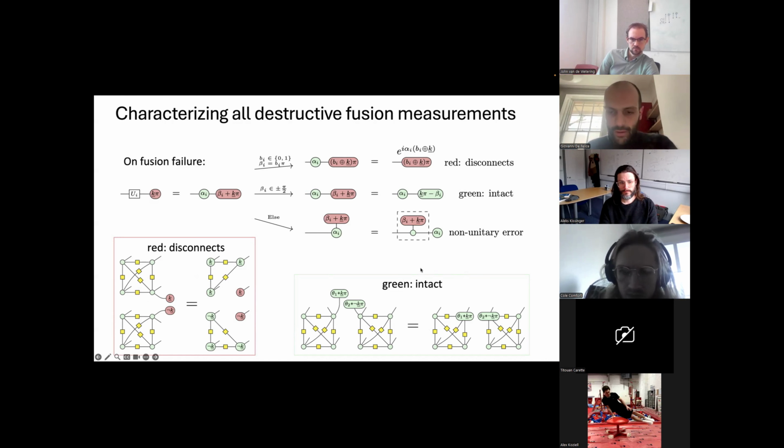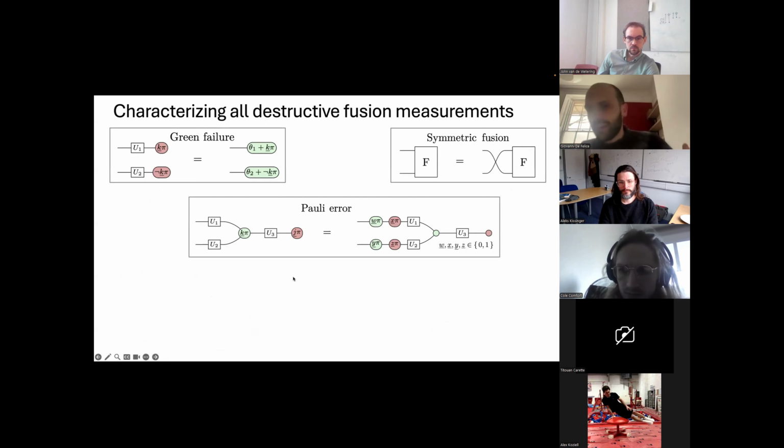Whereas if it's green, it's going to keep the connectivity of the graph state intact. So for this reason, we are interested mainly in green fusion, or what we call fusion with green failure. We impose this as the first condition. Second condition is that it's symmetric. You can avoid that condition if you want, but it simplifies the math a lot. And the third and most important condition is that it has Pauli error, or that it's a stabilizer.